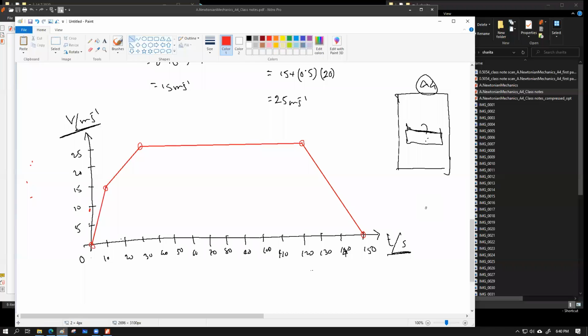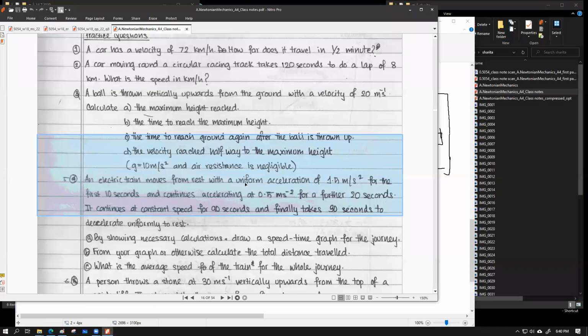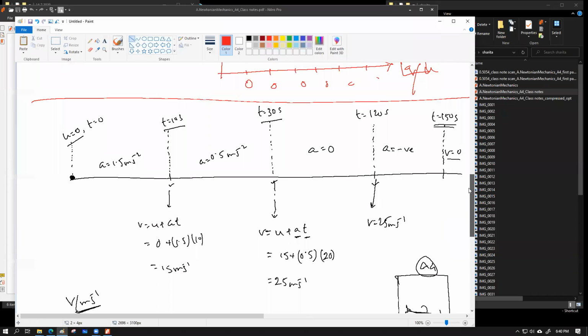সো এরপরে আমরা একটু দেখি যে এরপর আমাদের কি করতে বলছে। সো এখানে যে একটা জিনিস বললাম যে বাই শোয়িং নেসেসারি ক্যালকুলেশন, এই শোয়িং নেসেসারি ক্যালকুলেশন মানে হচ্ছে যে এই ক্যালকুলেশনগুলো তোমার শো করতে হবে। তুমি যদি এরকম একটা ফিগার এঁকে করো ওয়েল এন্ড গুড, তুমি যদি এরকম ফিগার না এঁকে পুরোটা কথা লিখে করতে চাও তাও ওয়েল এন্ড গুড, কোনো সমস্যা নাই। তুমি এটা লিখবা যে at the end of a equals to 1.5 meter per second square, the final velocity is this much.